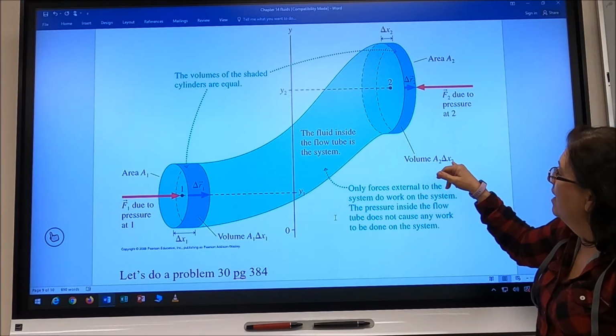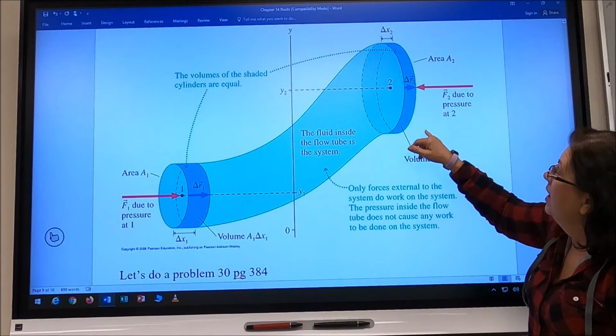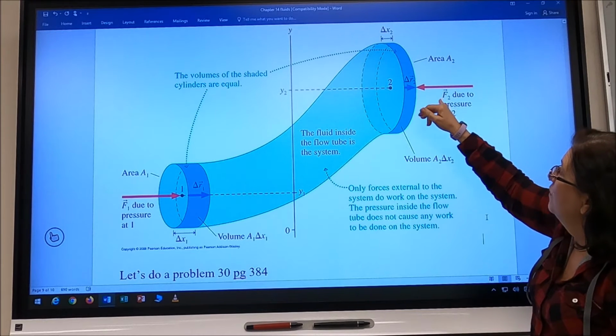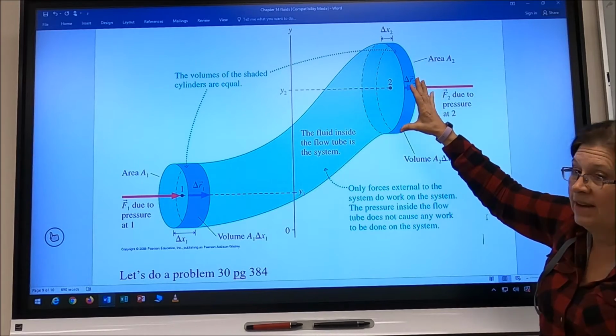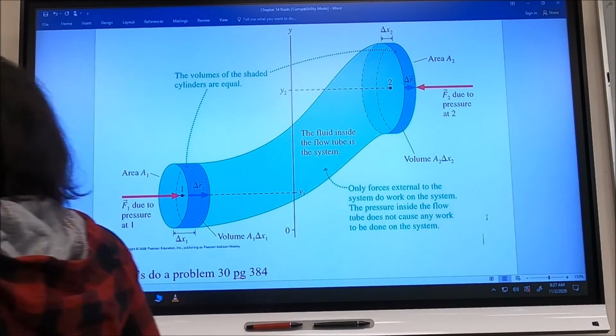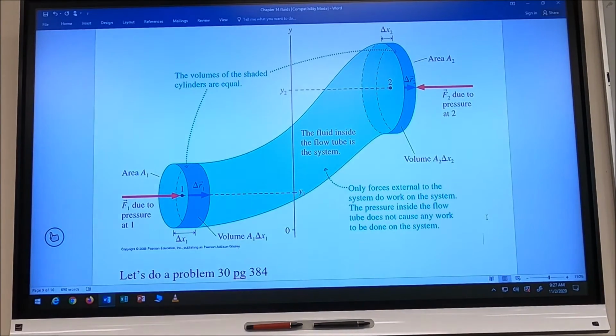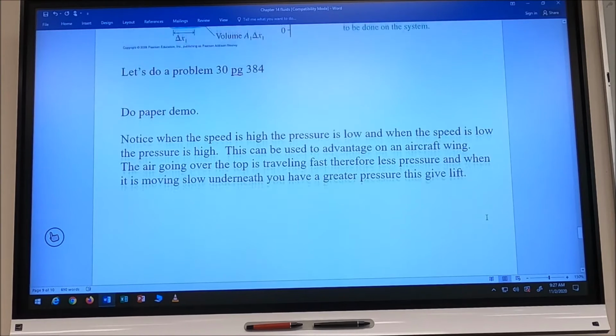A volume A times delta X2. And we're going to have a different pressure here at point 2 because we're at a different height and we've got a different width of our tube. Let's roll it up a little bit.